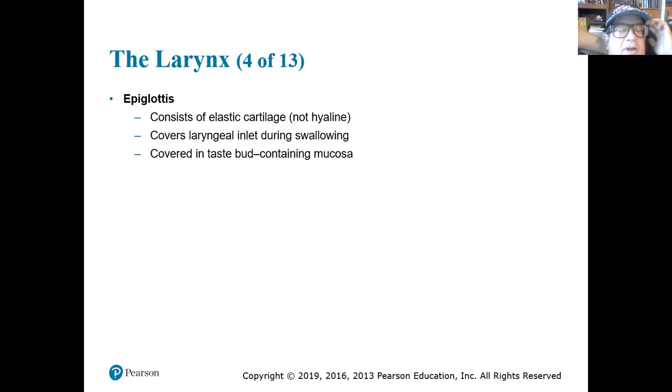It's what does the routing of where things go. It covers the entrance to the larynx where only the air going to the lungs should be. It covers that every time you swallow. And the epiglottis has a lot of taste buds in the mucosa.